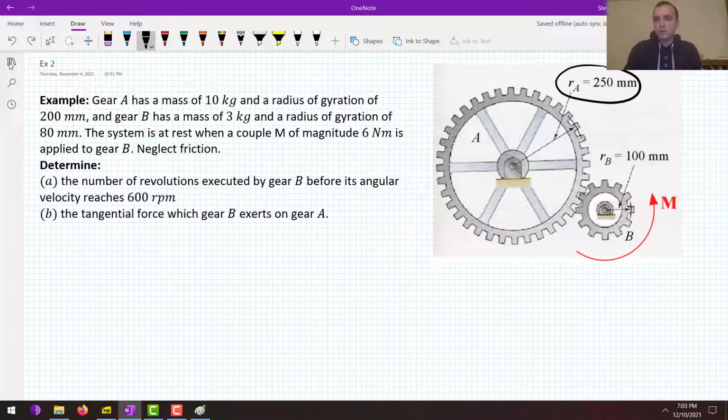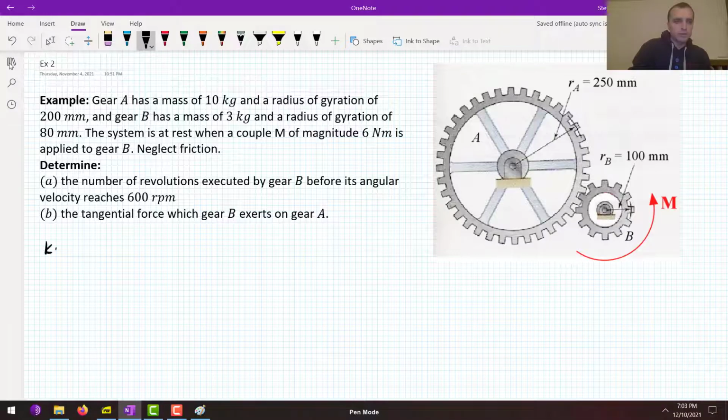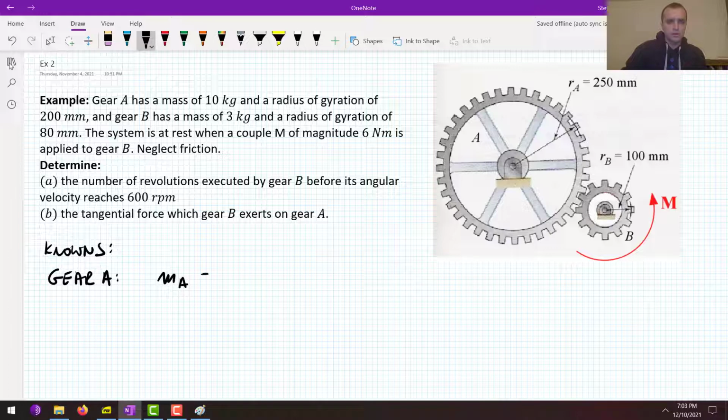We also have a moment, or a torque, applied to the small gear. What do we know about them? For gear A, we have mass of A equal to 10 kilograms, and kA, the radius of gyration, is equal to 0.2 meters, while the radius of A is equal to 0.25 meters.